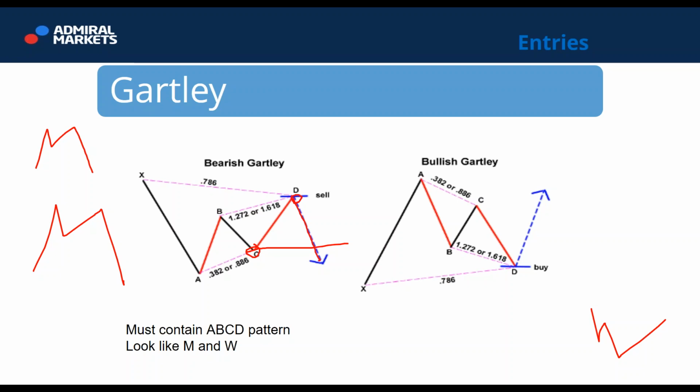Similar to bullish Gartley, guys. This is very similar. You see, the distance between X and D is 0.786, but instead of at the top of the pattern, it appears at the bottom of the pattern. Okay? The main thing is ABCD, it's an emerging W pattern. So this is an emerging W pattern.